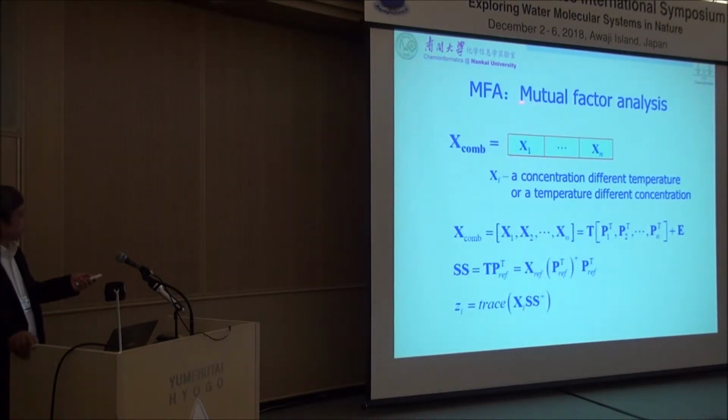This method is proposed this year. We arrange the data blocks in this way. Each block either is a sample of a concentration measured at different temperatures, or all these samples measured at a temperature of different concentrations.